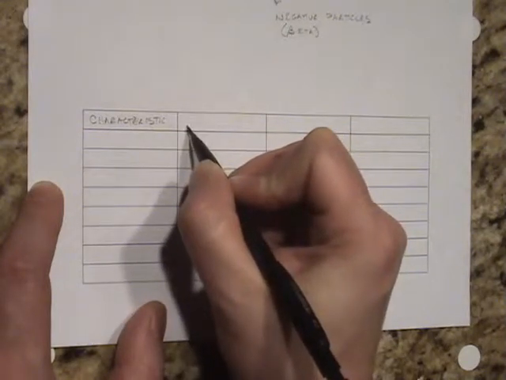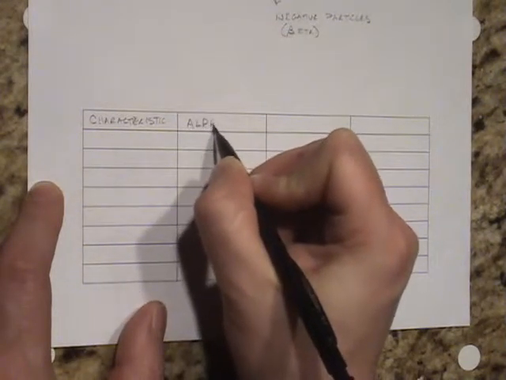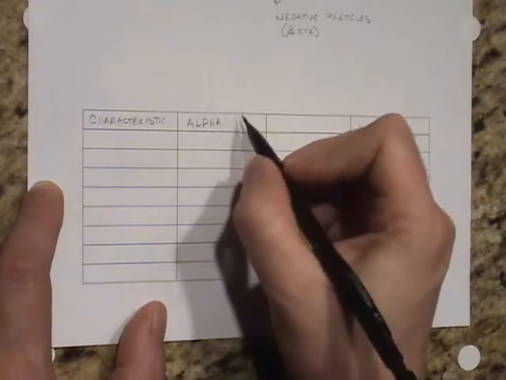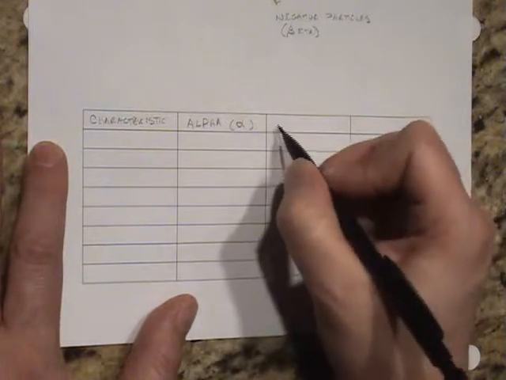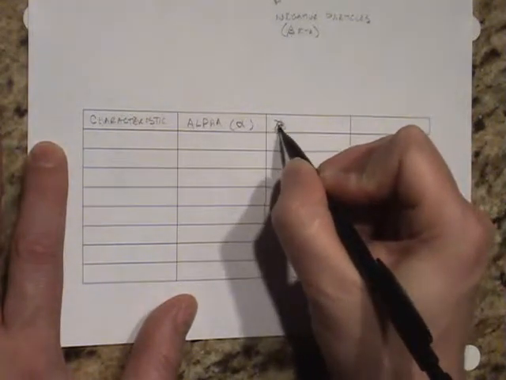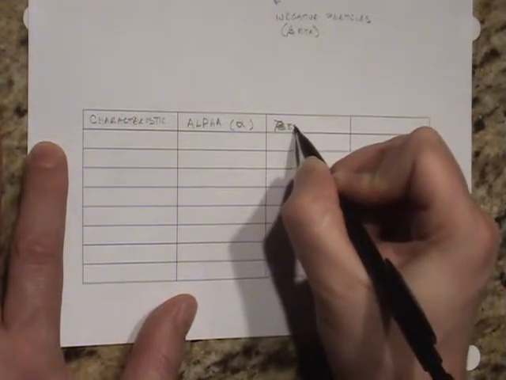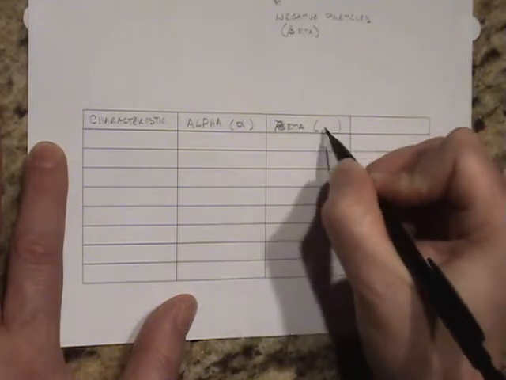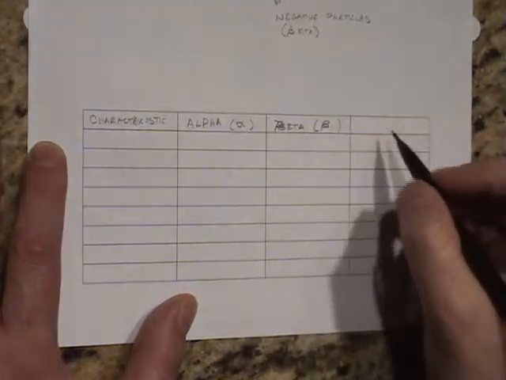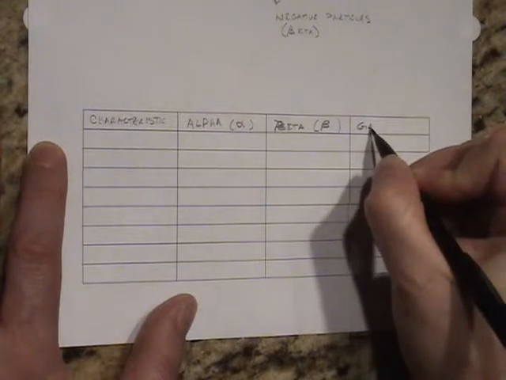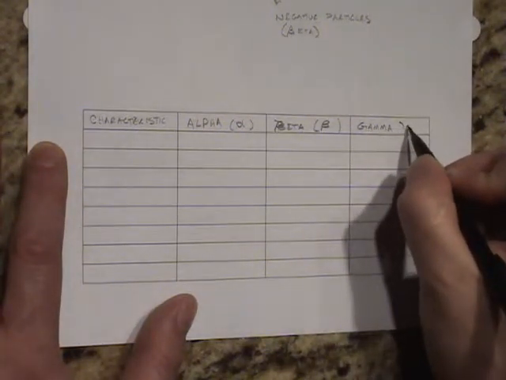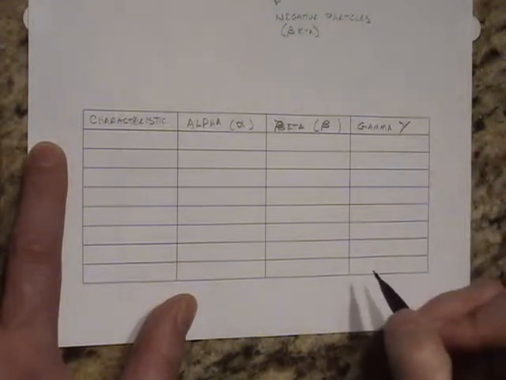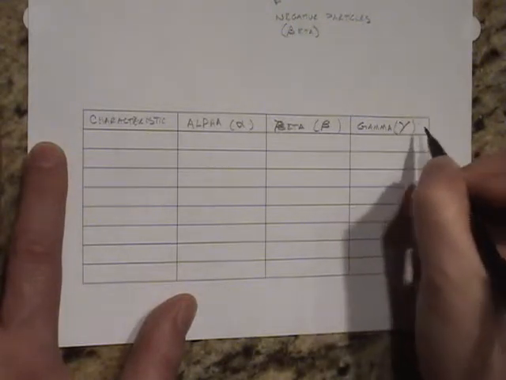We'll use the alpha particle symbol, the Greek letter alpha, the beta, and use a capital beta, and the gamma particle. Gamma looks a little bit like a Y.